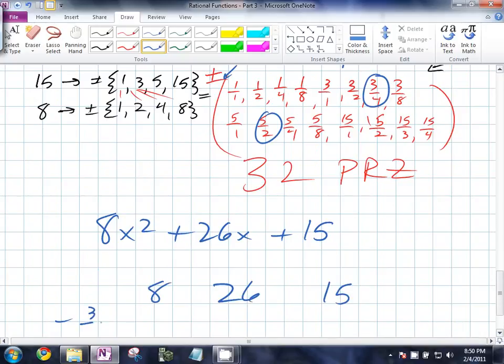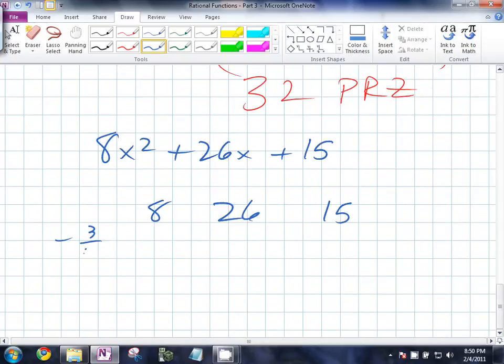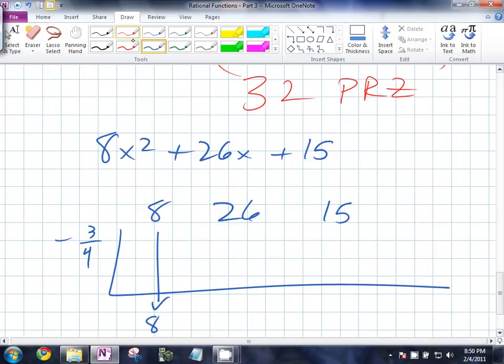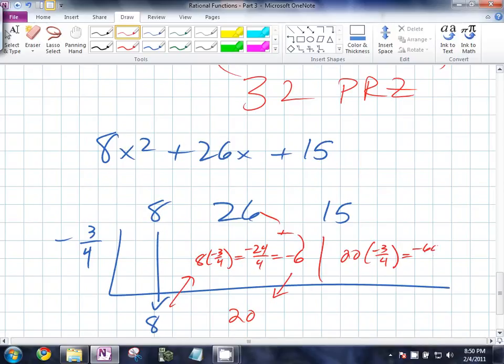Now we multiply this 8 by negative 3/4, and you end up with negative 24 over 4, which is negative 6. You add these together, and you end up with 20. Now you have 20 times negative 3/4, which is negative 60 over 4, which is negative 15. Add them together, and you end up with 0. Now that does match. It tells us that this is a zero.